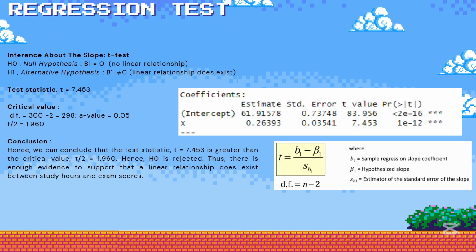And then lastly, for the regression test, we can test it with the t-test. For the initial step, we state the hypotheses. Our null hypothesis is that there is no linear relationship, and the alternative hypothesis, H1, is the opposite of the null hypothesis, which is that a linear relationship does exist.